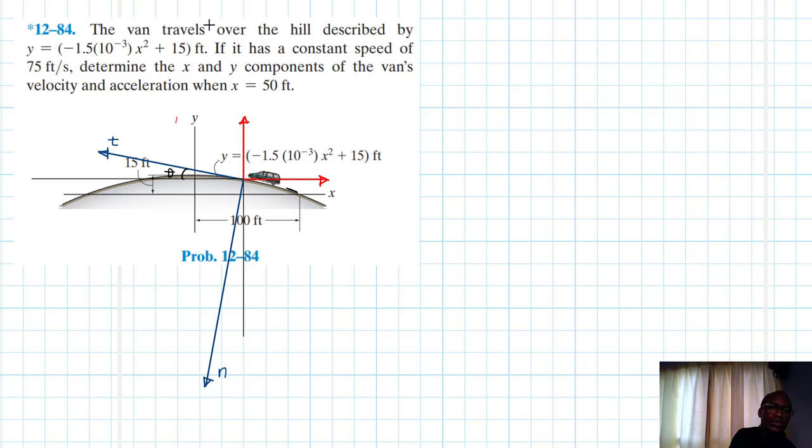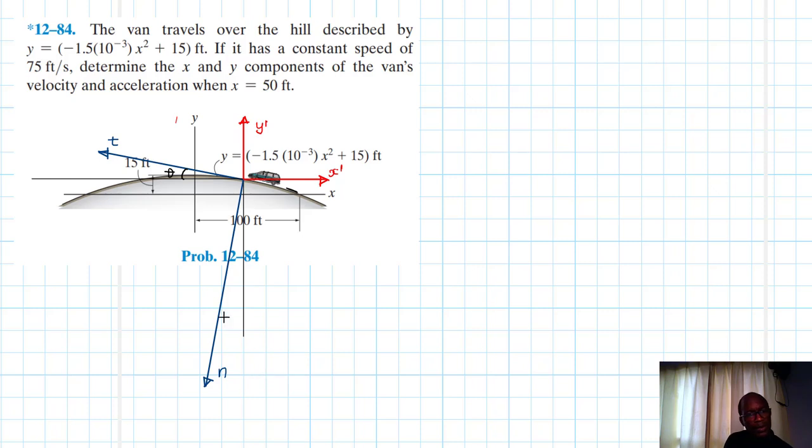Those are the positive coordinates. So let's call this our y prime, and then our x prime. This is where we intend to collect our data.